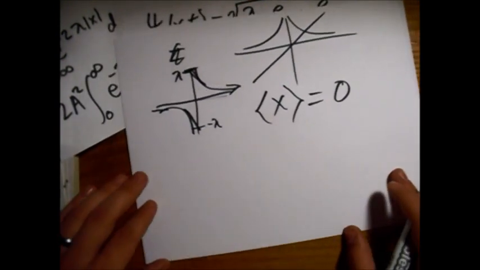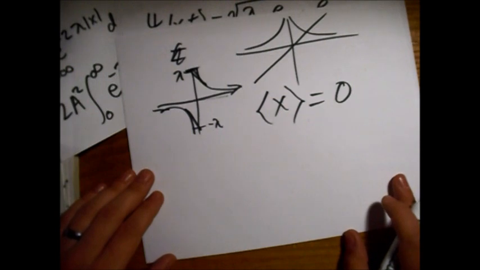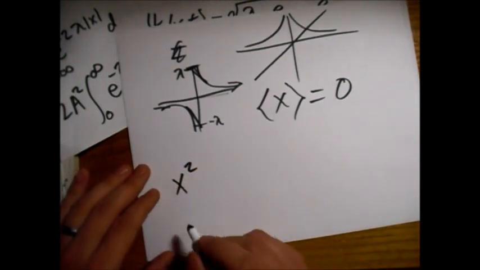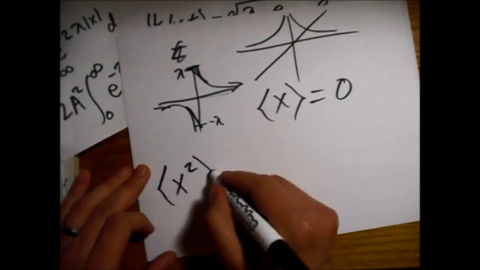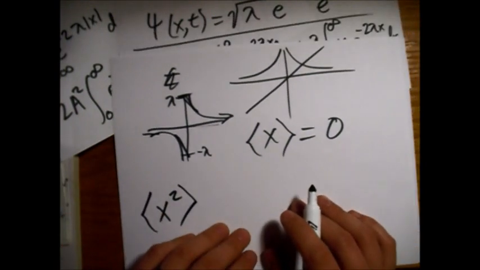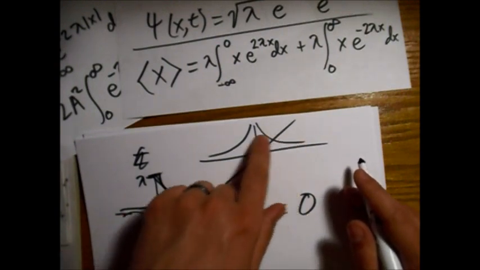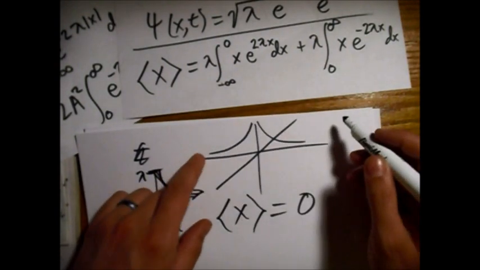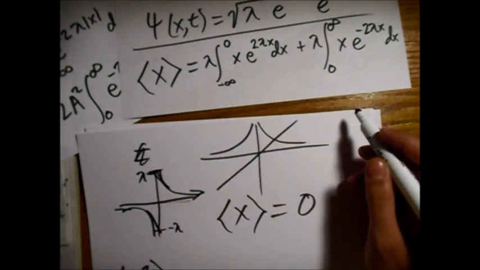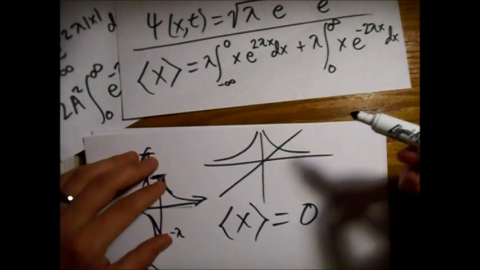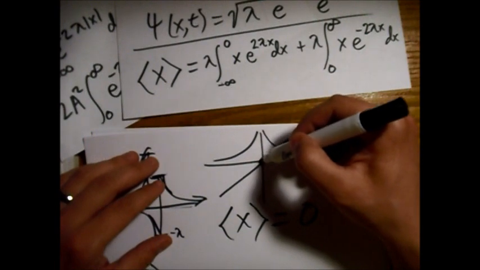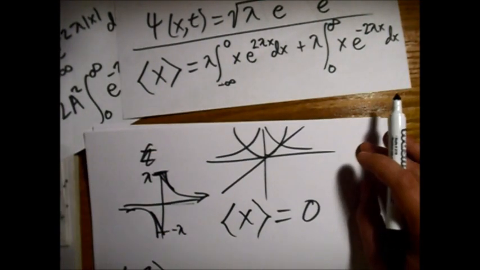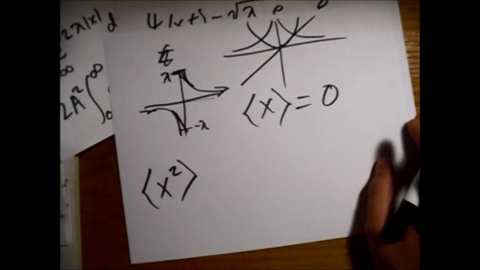But unfortunately, we have no such luck when we find the expectation value of x squared, because then we have this even function for the exponential part, but then the x squared is this parabola, which is also even. So no luck there.